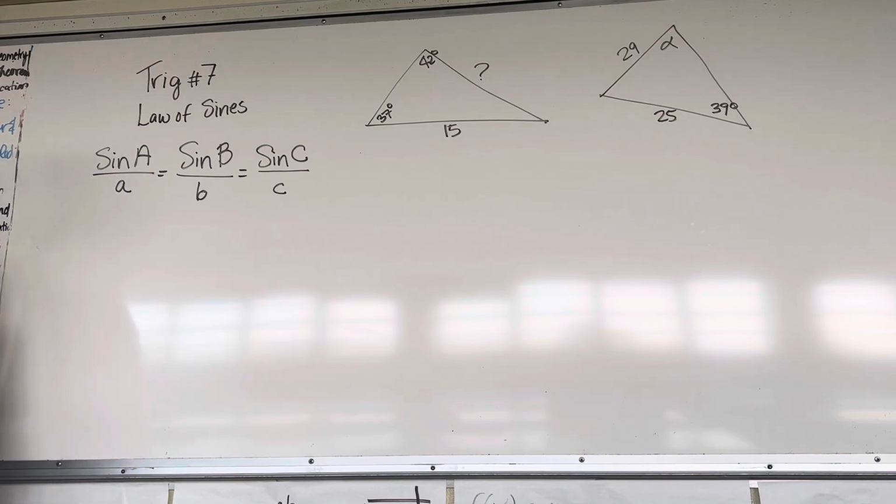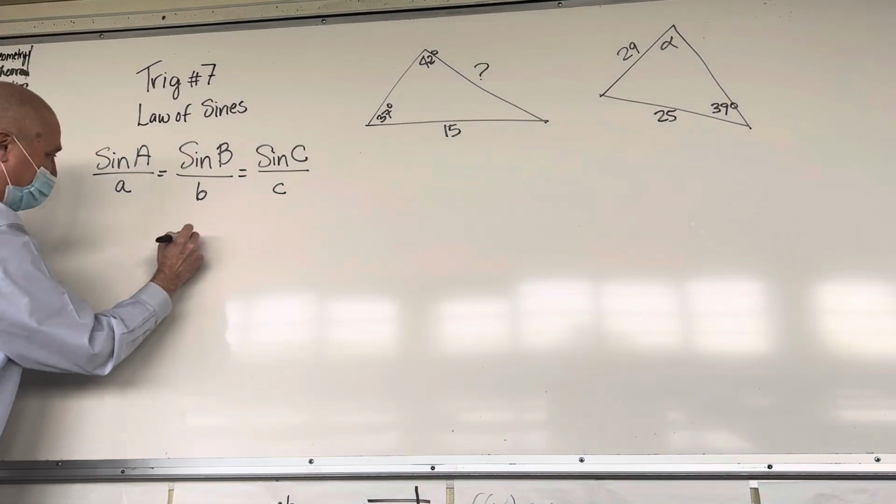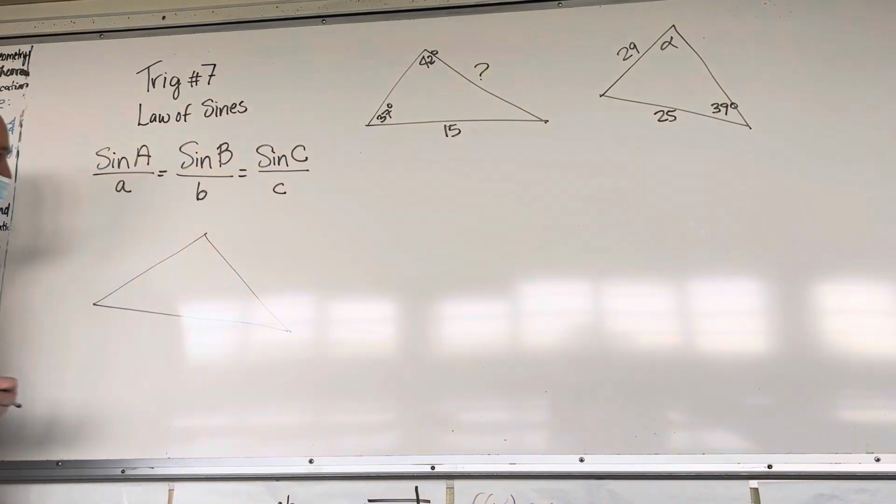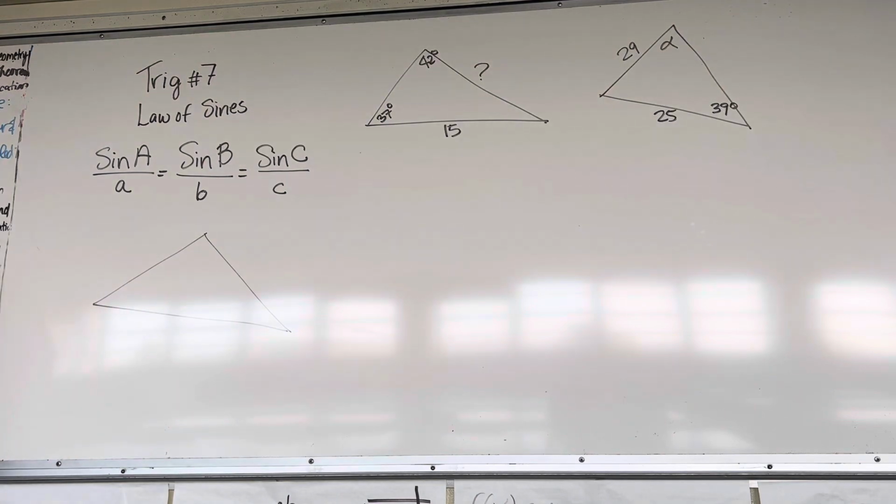The next important element to the law of sines is the diagram. Notice this is the first time since we've been studying trig that you do not need a right triangle. In fact, the law of sines works on a non-right triangle.